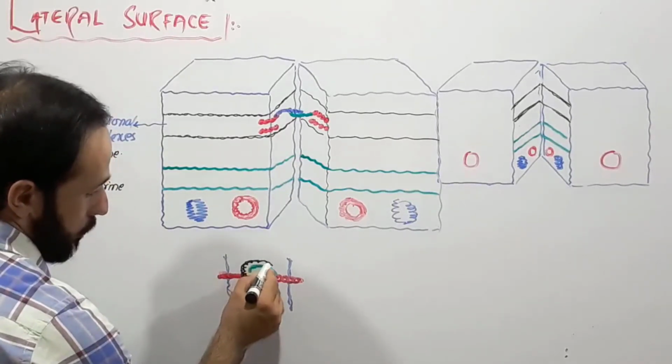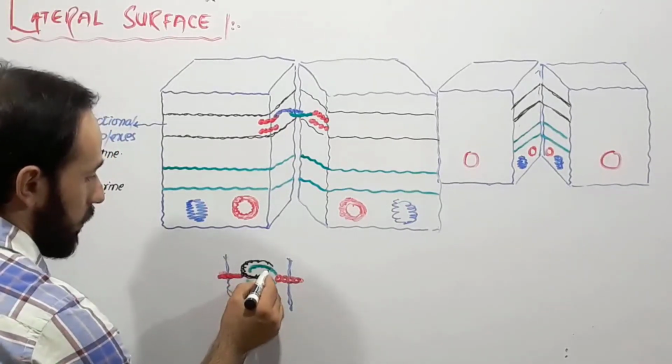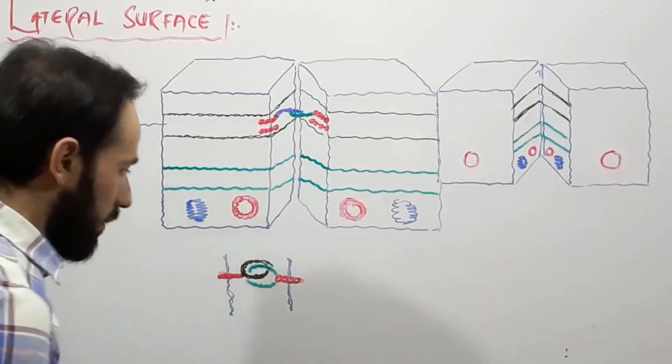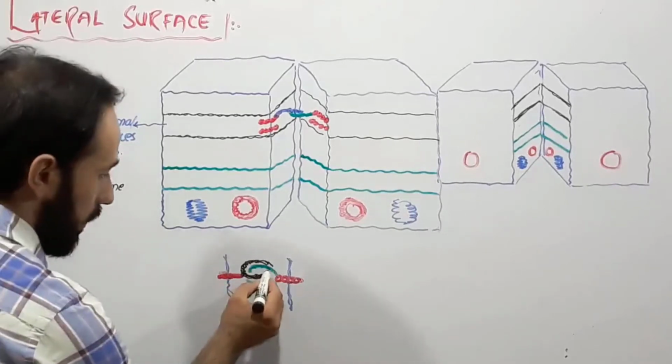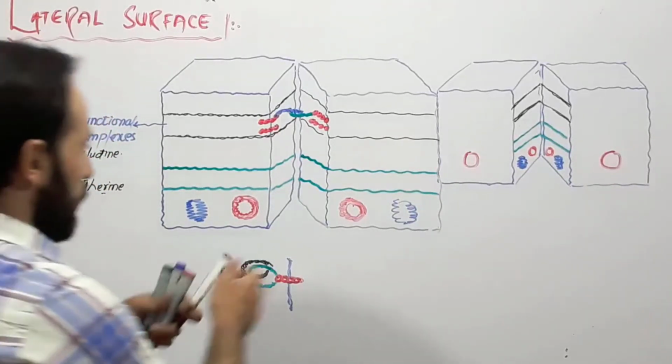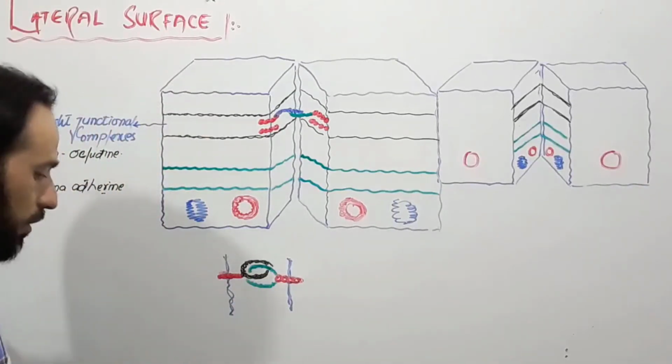So they are making strong bonds with each other and they are not allowing the cells to go to other sides. They are holding the cells very firmly, right friends.